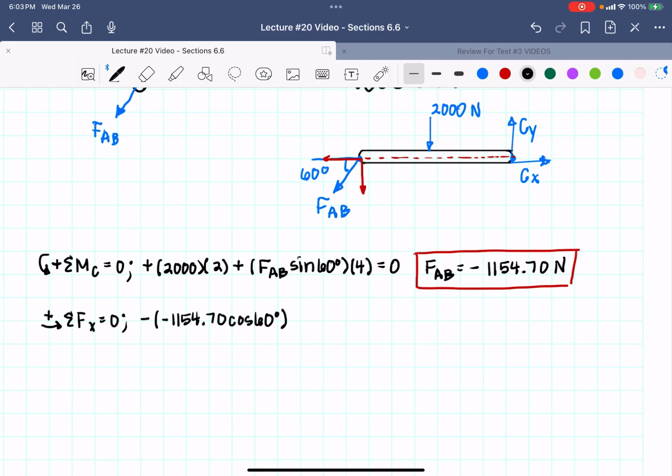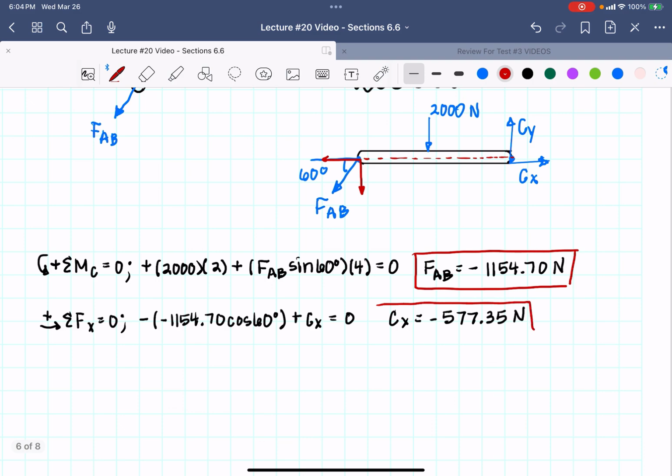And then I've got C of X in the positive direction equals 0, which means that C of X equals negative, I assumed wrong, 577.35 newtons. But that's okay. I'll put a box around it.